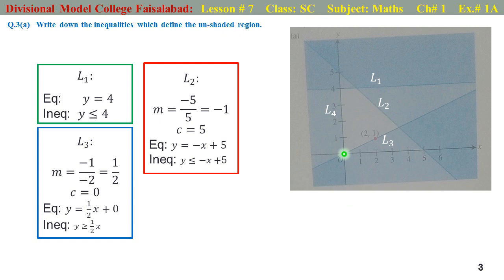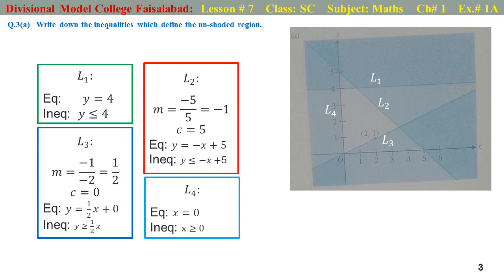We know that the equation of a vertical line is x equal to the point from where the line is passing. Because this line is passing through x is equal to 0, its equation is x is equal to 0. To write the inequality, because the region on the right hand side of this line is defined, we will use the greater than or equal to sign.